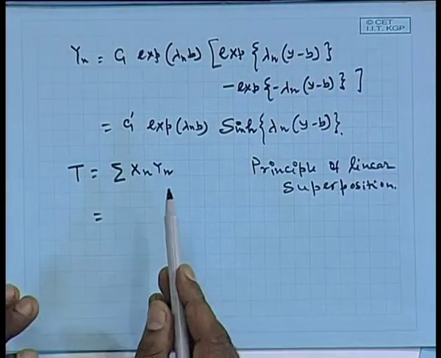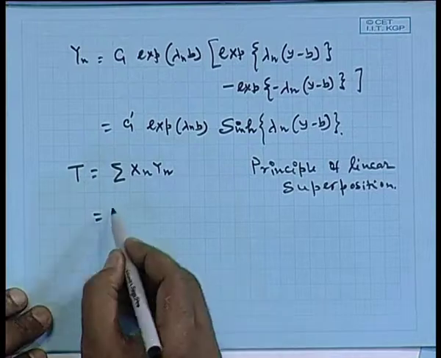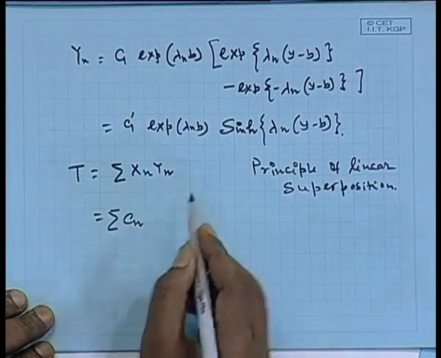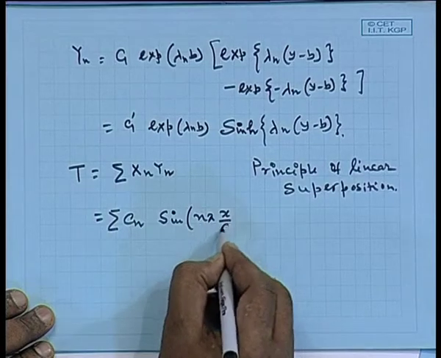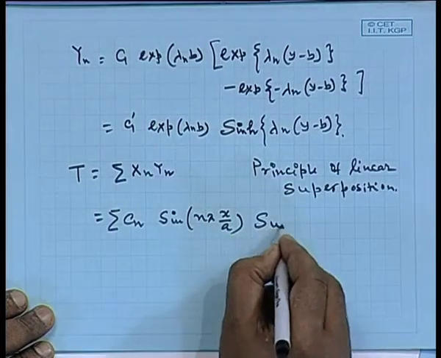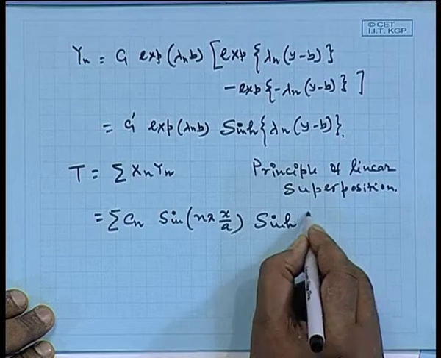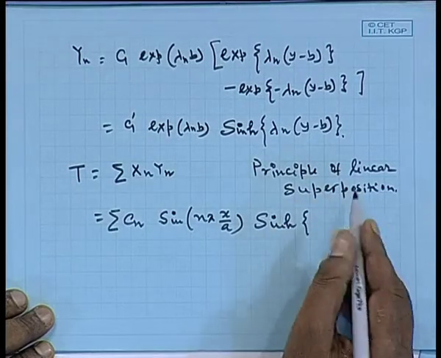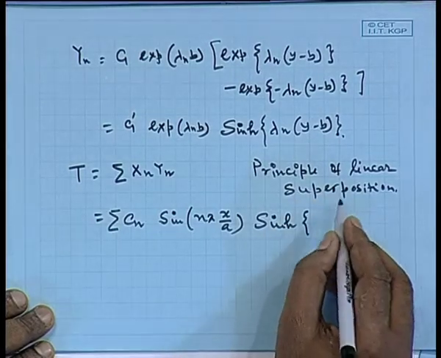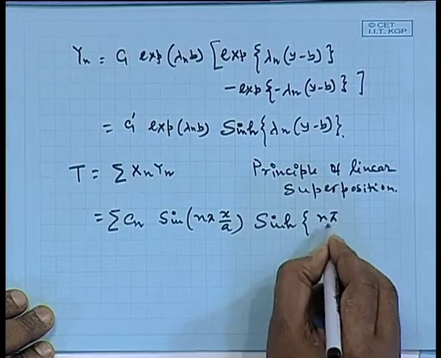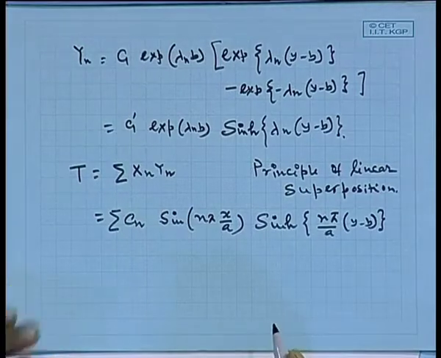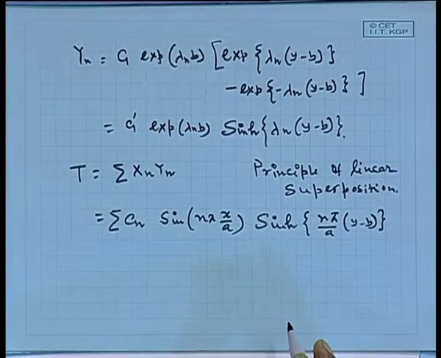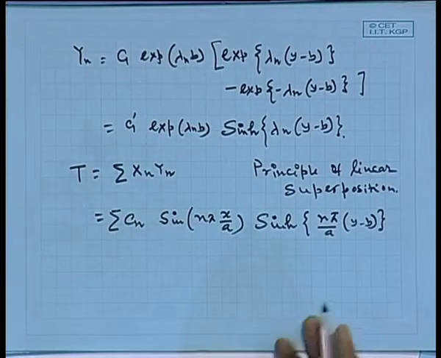Multiplying the two constants, you get a new constant. Let us say summation C n sin n pi x by a sinh, where lambda n is basically n pi by a, so you can write n pi by a (y minus b), right.